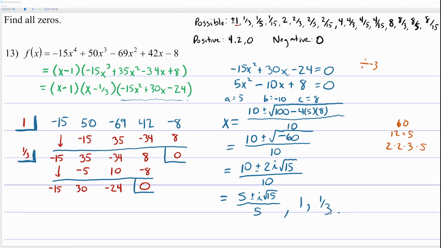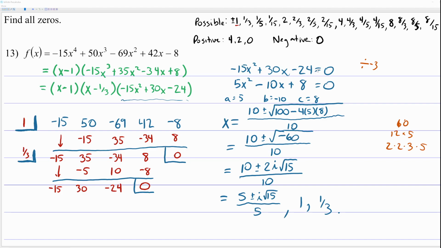If you did this with a 10th degree polynomial, it would take a lot longer, and hopefully you'd end up with 10 zeros at the end. So anyway, your general technique, at least for now, for finding zeros of a polynomial is use your theorems to figure out where you're going, rational zeros theorem and Descartes' rule of signs. Use synthetic division to find zeros until you get down to a quadratic.